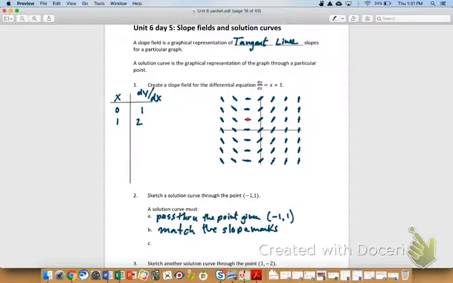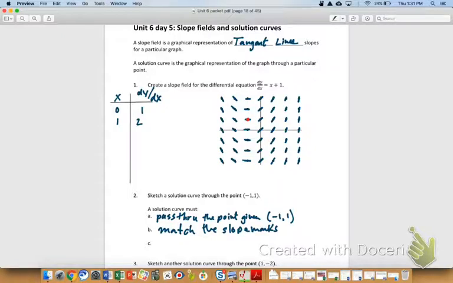So if I put a point right there, haven't I met the first requirement? My curve is going through the point (-1, 1). But then if I were to draw my solution curve like this, do you see how that does not match the slope field marks at all? That would violate requirement number 2, so that wouldn't work at all.